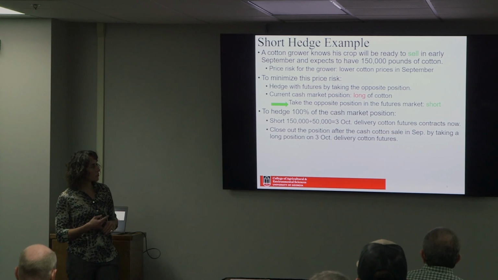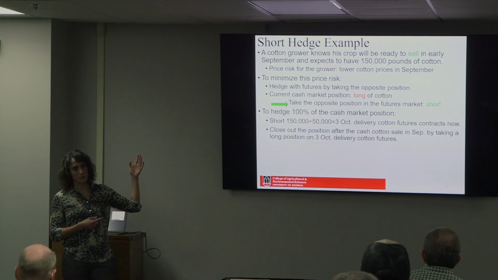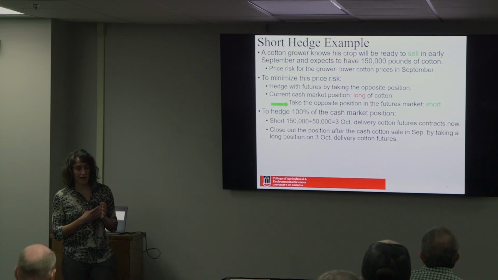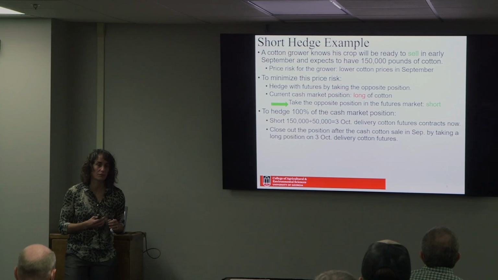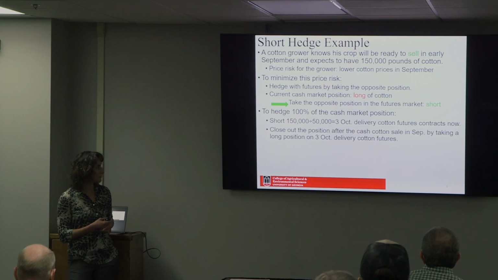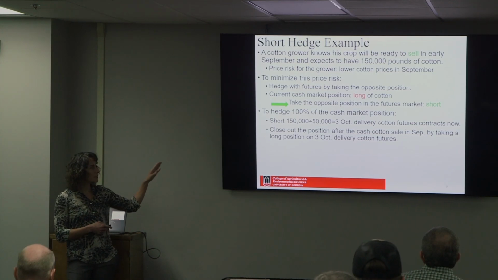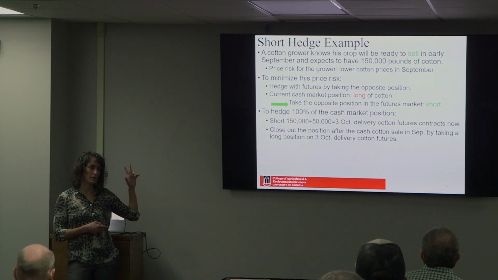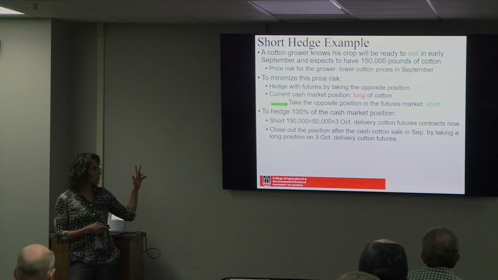And we will choose the October delivery because we will be selling in early September, so the contract has to expire after that. The first available maturity is October for cotton. So then we will enter into a short position with 3 October delivery cotton futures now.